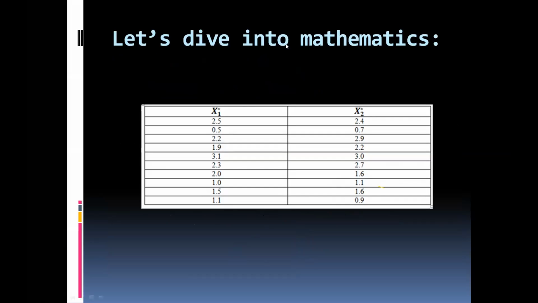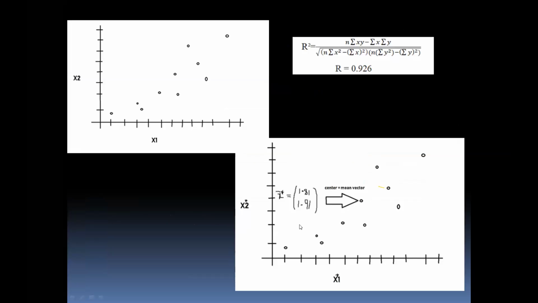Just before going further, we are going to discuss the more technical part of the PCA. Now let's dive into the mathematics. Consider the features x1 and x2. What is our first step? This is the scattered data. Then we have to calculate the mean of x1 and x2.